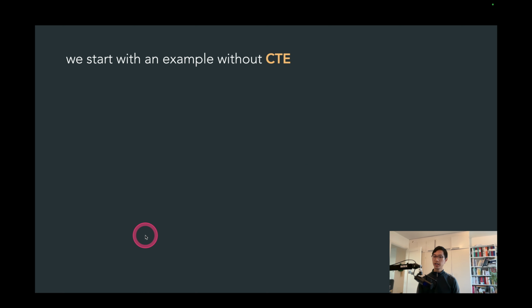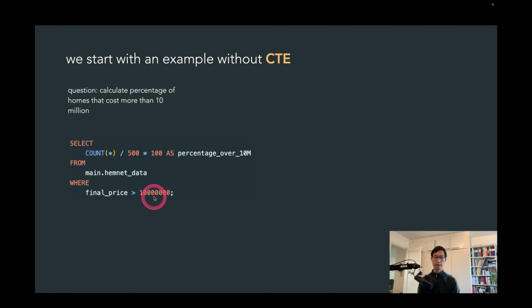So we start with an example without a CTE. The question is, calculate the percentage of homes that cost more than 10 million. Here we do select count star divided by 500 times 100 as percentage over 10 million from main.hemnet data, where final price is larger than 10 million. Okay, so what's the problem with this?